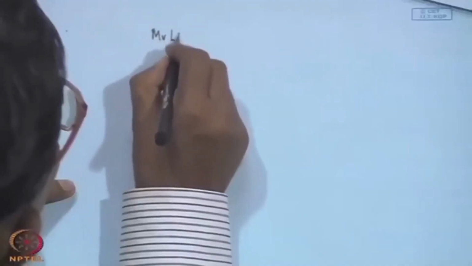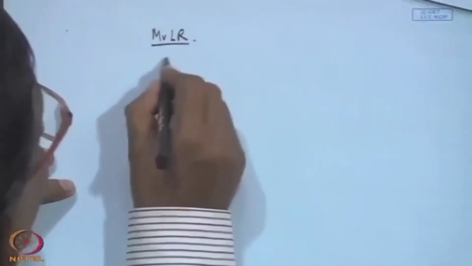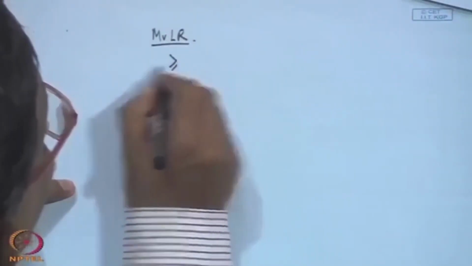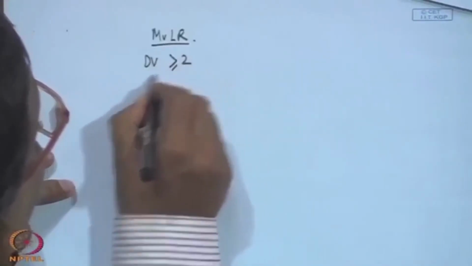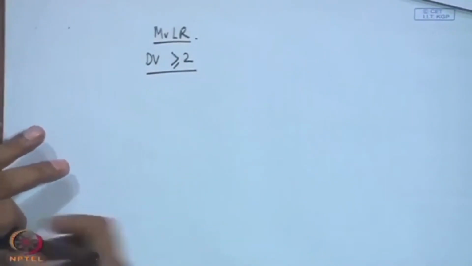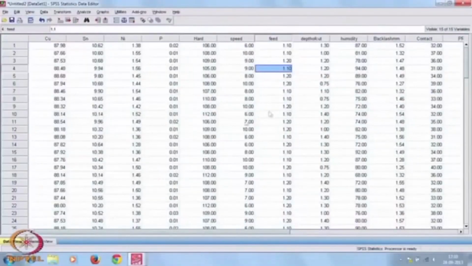Now, we want to do multivariate linear regression using this SPSS, MBLR. In MBLR you have more than 1 DV, so it is basically the number of DVs greater than or equal to 2 in this case. And what have you seen here?